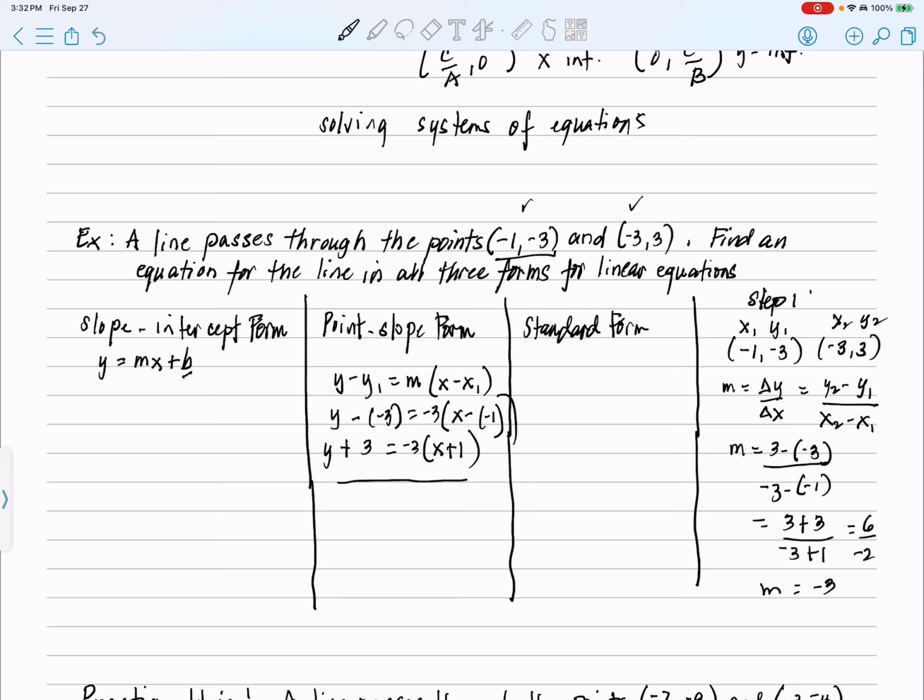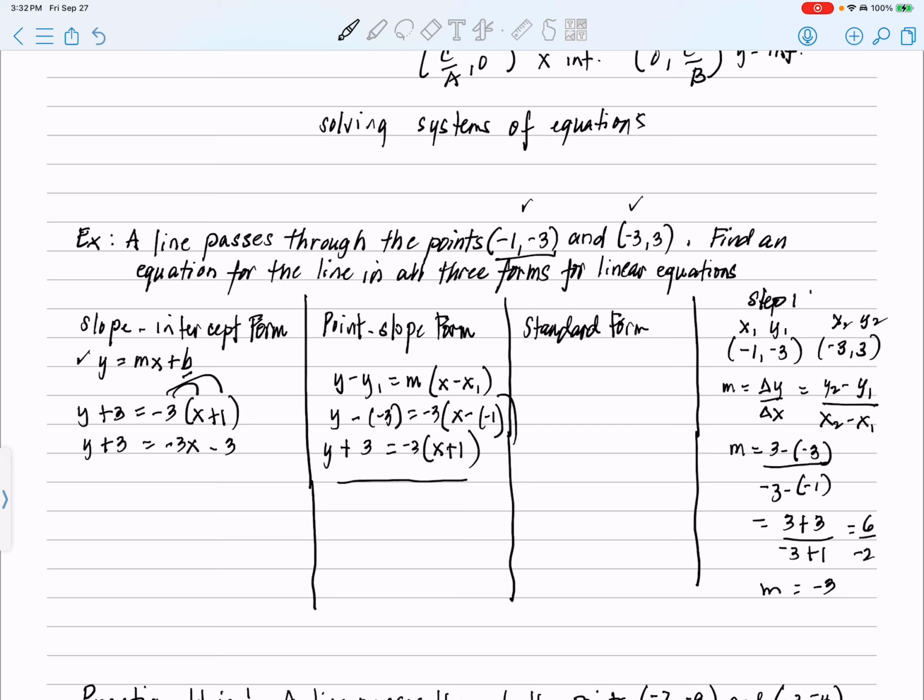From here, I'm going to use the y plus 3 equals negative 3 times (x plus 1) to derive the slope-intercept form. Okay, let's simplify more. Distribute: negative 3x, negative 3 times 1 is negative 3. Remember, in the slope-intercept form, y is isolated.